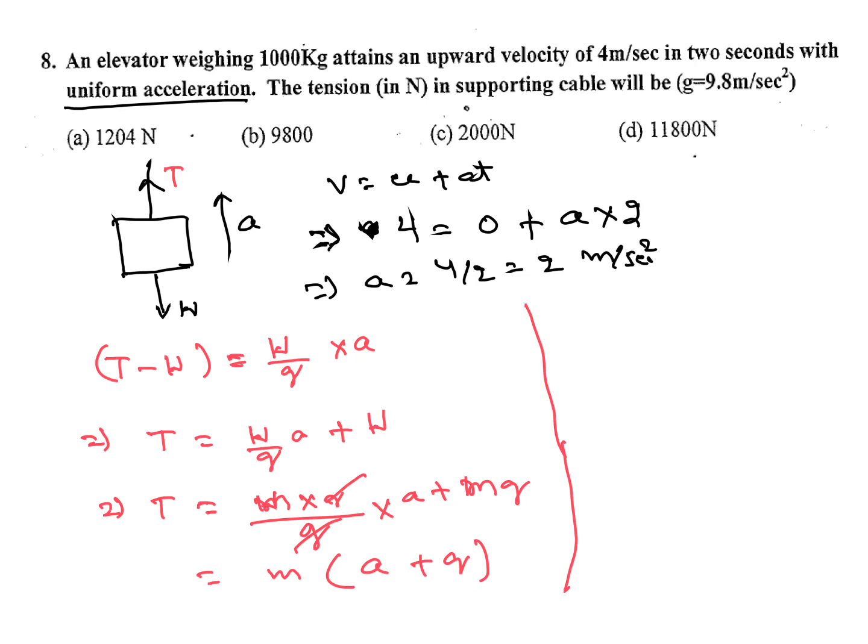Then T equals mass 1000 kg into acceleration 2 plus g, given as 9.8, so it's 1000 into 11.8, which is 11800 Newton. Option D is our answer.